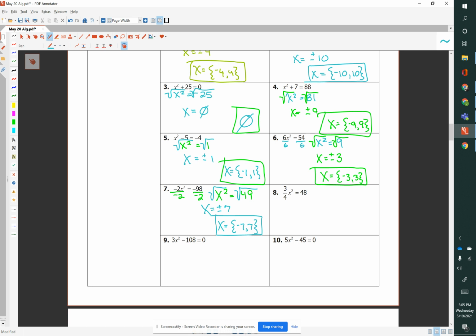And number 8, we have 3/4 x squared equals 48. So we're going to multiply both sides by 4, which will give us 3x squared equals 48 times 4 is 192.